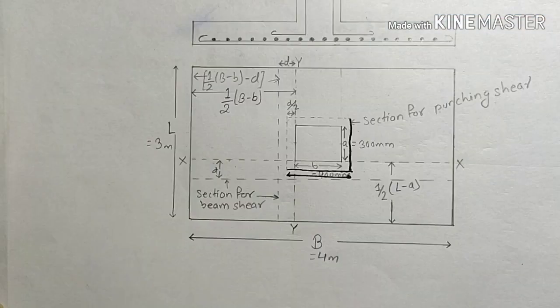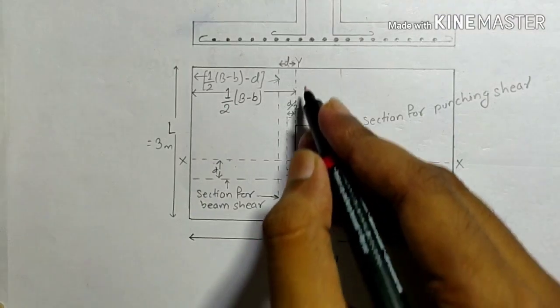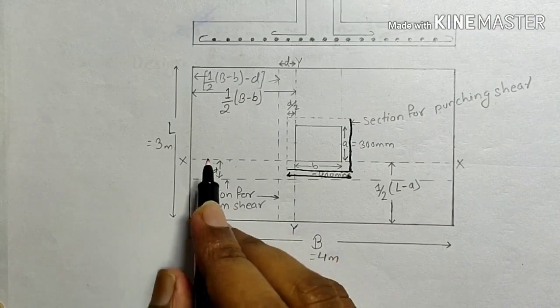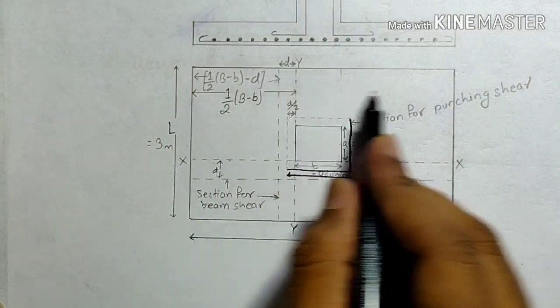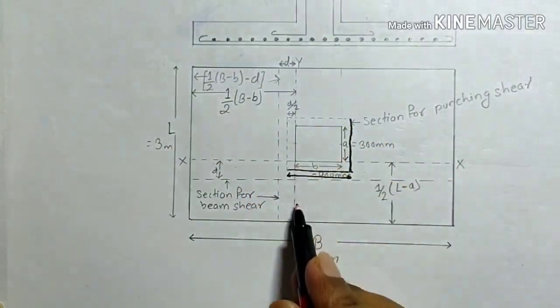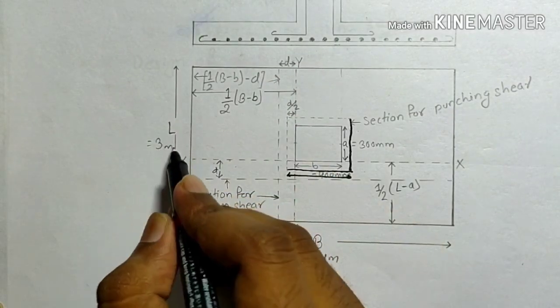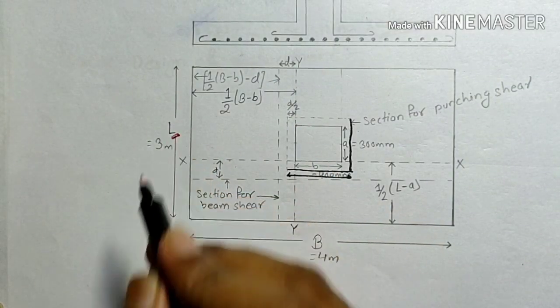So our main reinforcement will be along the y direction, because our moment was maximum about the y axis. So our main reinforcement will be along the y direction, and we will take the span L. Let's write the formula for finding the AST.